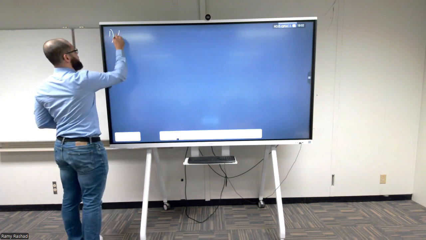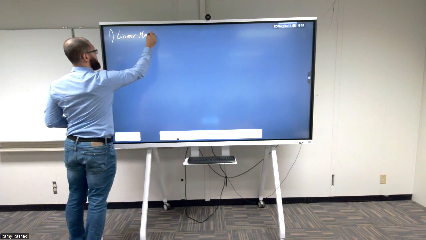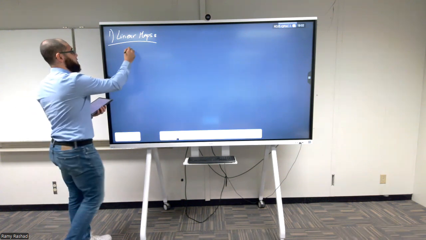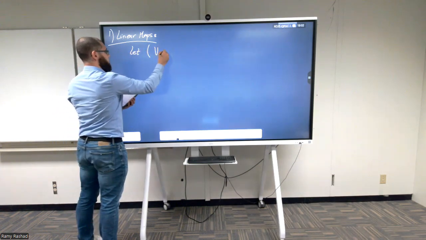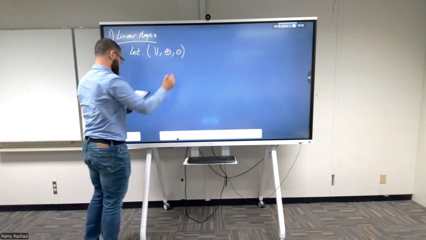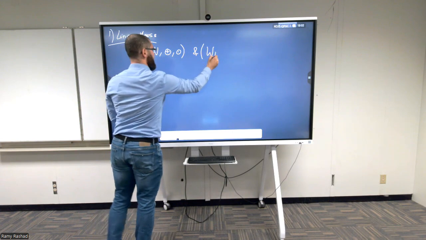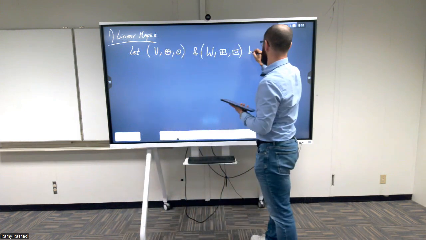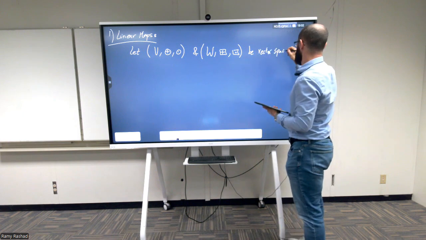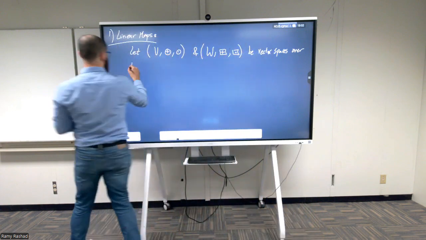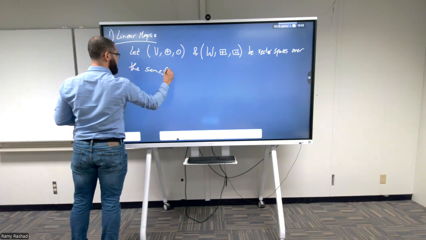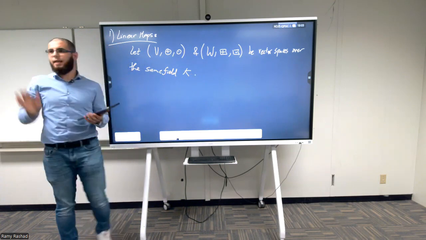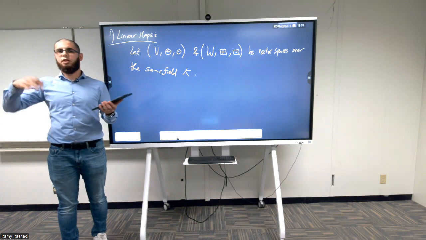Okay, so linear maps. Let the triple V, plus and times, and W, plus and times, be vector spaces over the same field K. And whenever I say the same field K here, you know that K will come with its own standard addition and its own standard multiplication.